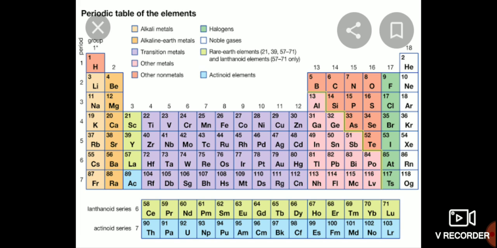From hydrogen to helium: hydrogen has an incomplete shell, helium is completed. Lithium has an incomplete second shell, and neon is completed.